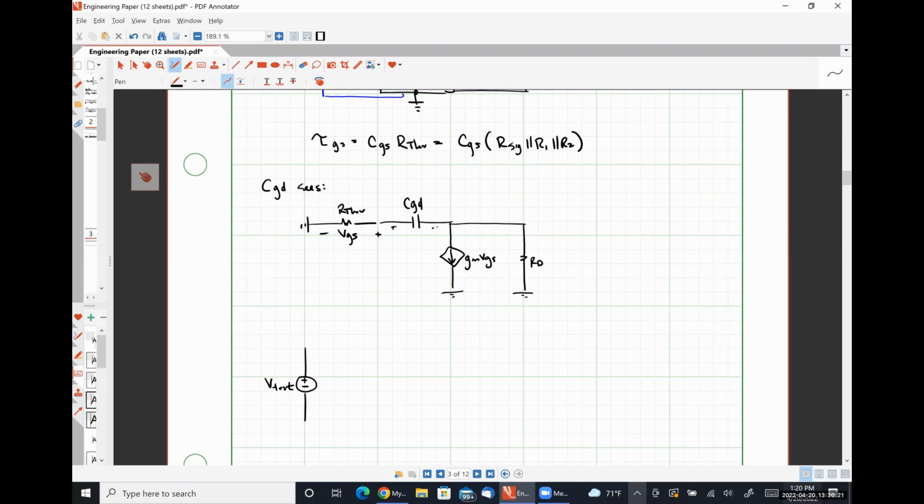So between the positive polarity terminal and ground, I have the resistance R Thevenin. Then between the negative polarity terminal and ground, I have GM VGS current source. And the current is flowing from the negative polarity terminal to ground. So that's going to look like this, GM VGS. Then I also have the resistor RD.